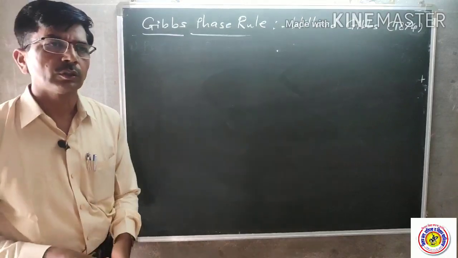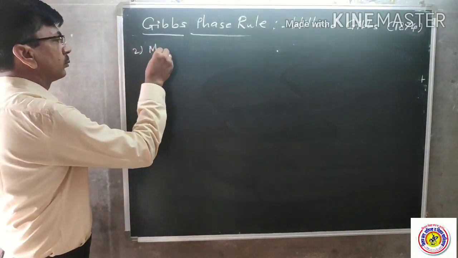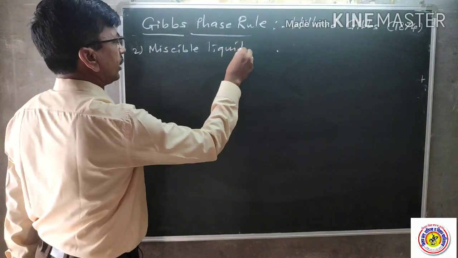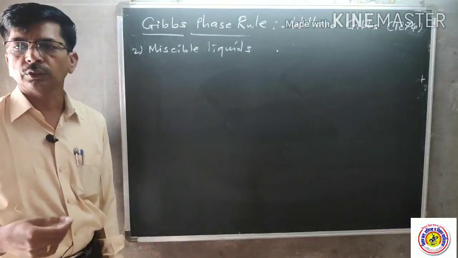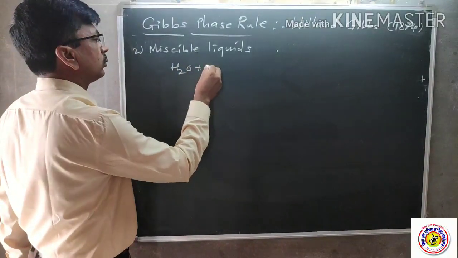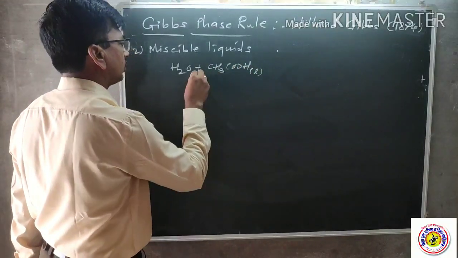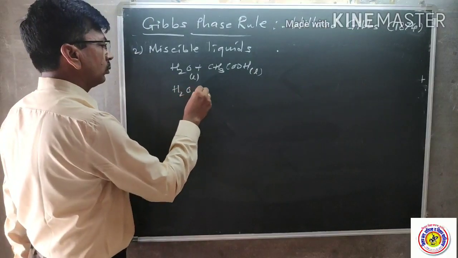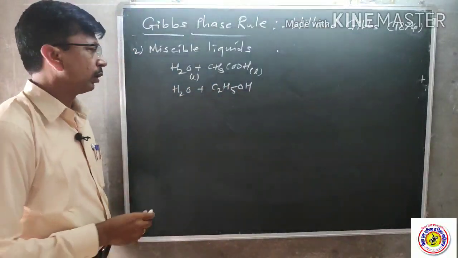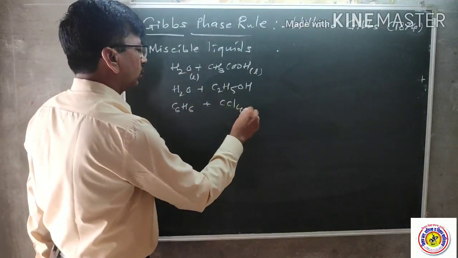Now another example is miscible liquids. We have many examples of miscible liquids in our laboratory. For example, water plus acetic acid, water plus alcohol, benzene and CCl4.